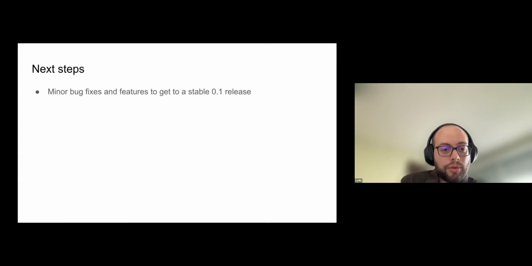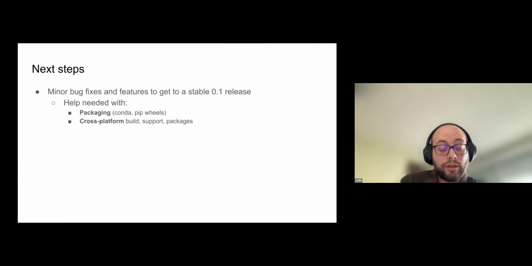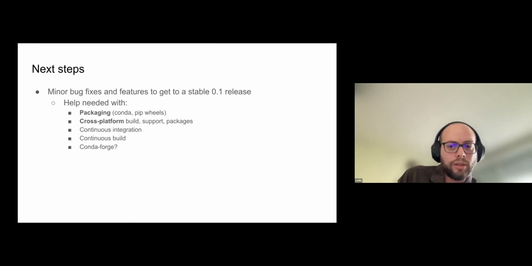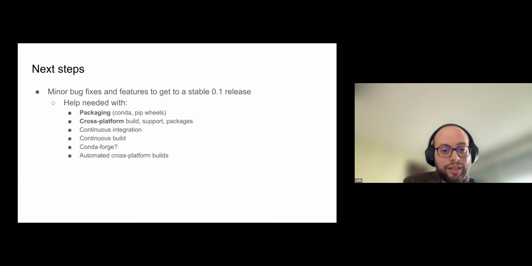So next steps are really to try to get to a stable 0.1 release. There's a lot of work that still needs to be done on packaging, continuous integration, continuous build, because it's really complicated when you deal with C extensions, with the GPU code, etc. So I really need some help.